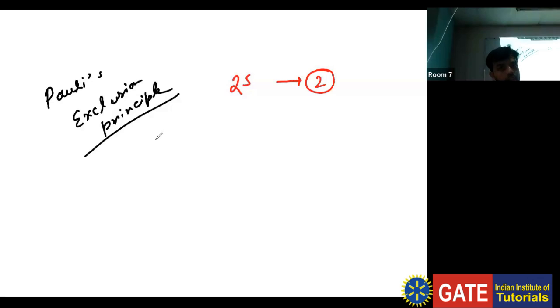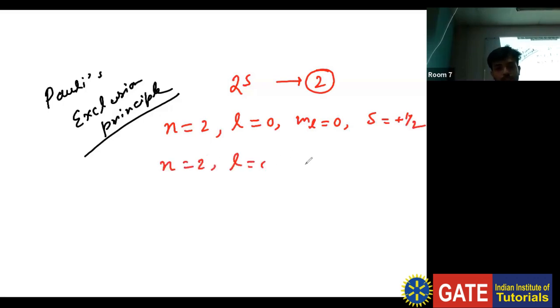For 1 electron, right or not? There are 2 electrons. 1 electron will have plus half, another electron will have minus half.